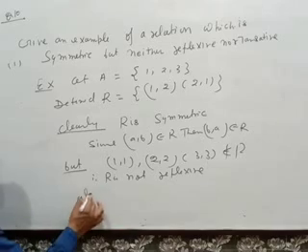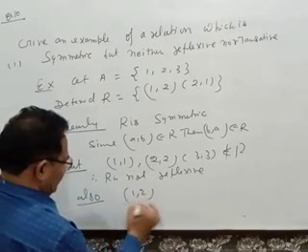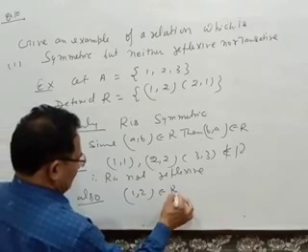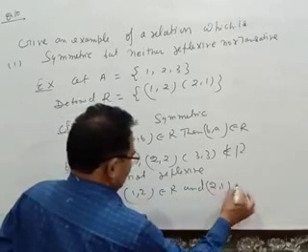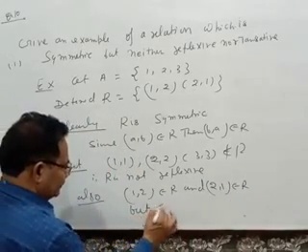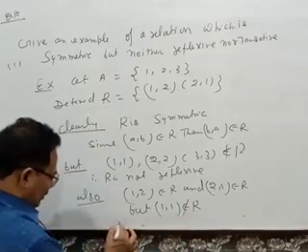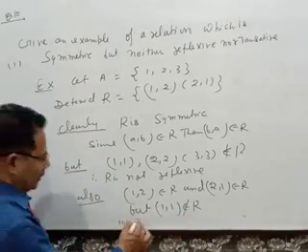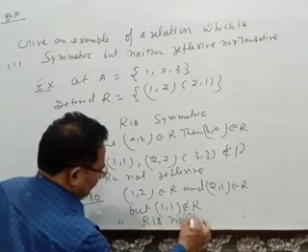Also (1, 2) belong to R and (2, 1) belong to R, but (1, 1) not belong to R, or therefore R is not transitive.